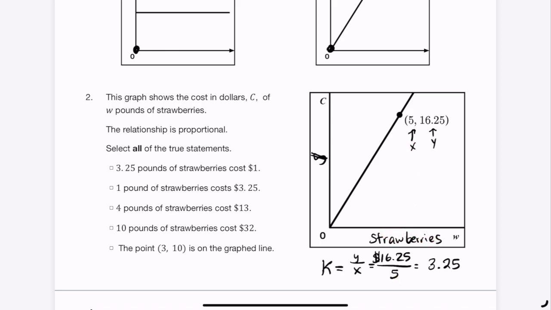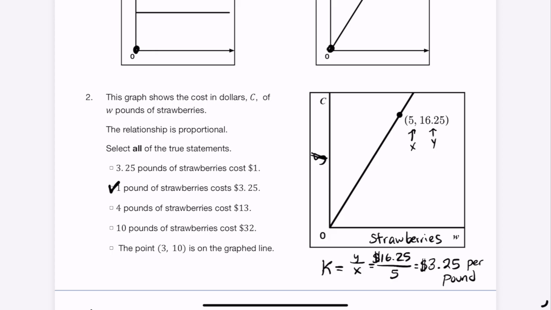So that means it's $3.25 per pound of strawberries. If we look for that, that's going to be the second option: 1 pound of strawberries costs $3.25. So that's right, and the first one is incorrect.